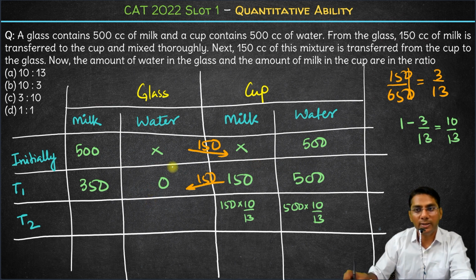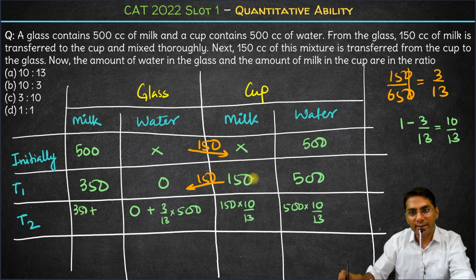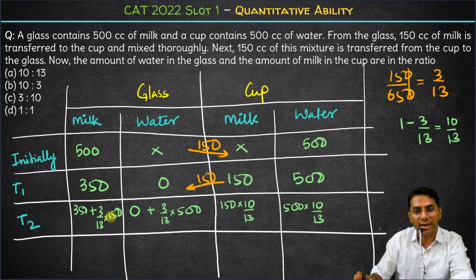What will be the water in the glass? There was 0 cc here initially, plus 3 by 13th of 500 cc is getting added. And here milk was 350 cc initially, and then 3 by 13th of 150 cc is added to the already 350 cc.